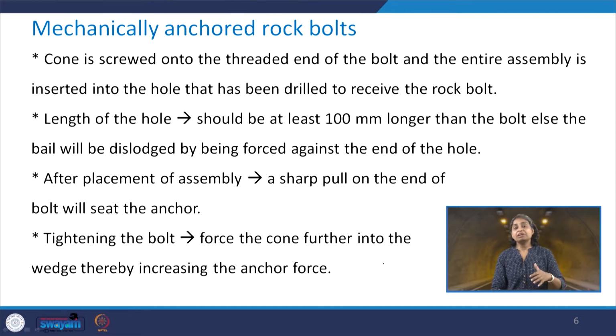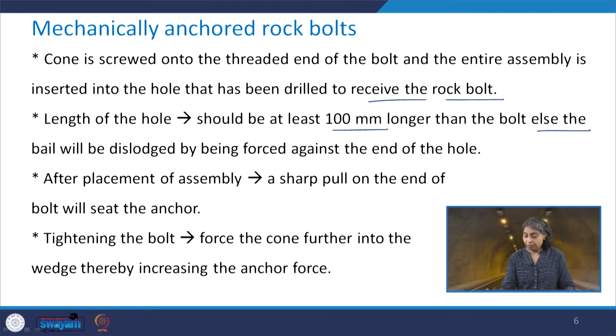How this works is that the cone is screwed onto the threaded end of the bolt, and the entire assembly is inserted into the drill hole which has been made in the rock mass to receive the rock bolt. The length of the hole should be a little longer than the length of the bolt, at least 100 millimeter longer.